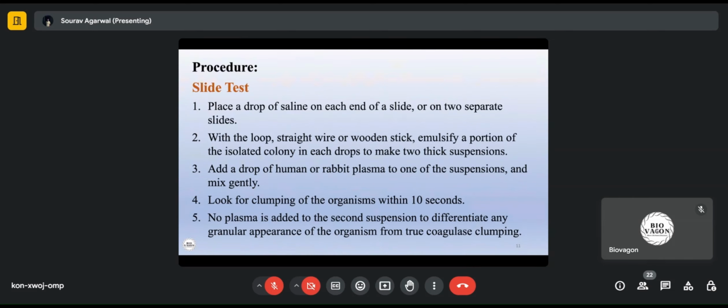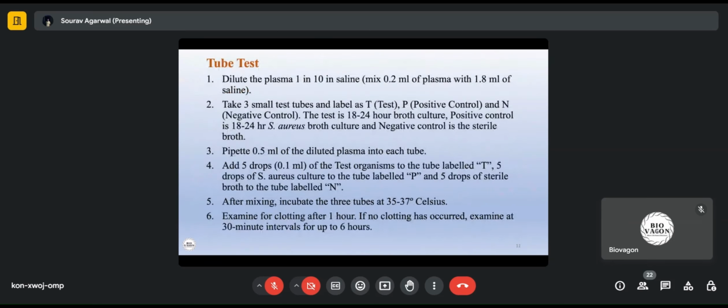In the tube test, first we prepare a dilution of plasma and saline in the ratio 1 to 10. Simultaneously, we take three tubes labeled T, which is test, P, which is positive control, and N, which is negative control. We pipette 0.5 ml of the plasma dilution that we prepared into all three tubes.